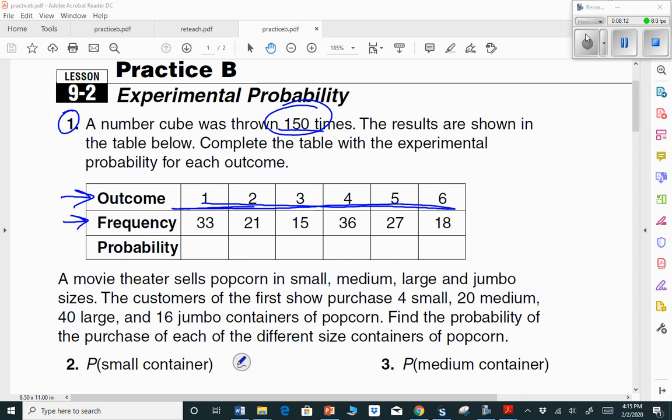So we're going to go 33 out of 150, 21 out of 150, 15 out of 150, 36 out of 150, 27 out of 150, and 18 out of 150. I can tell every single one of those is going to need to be reduced.